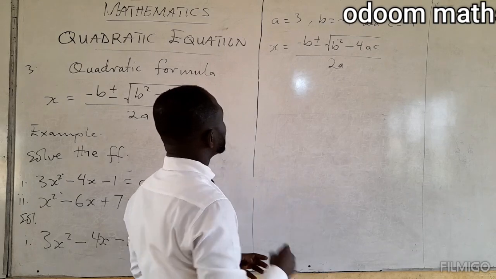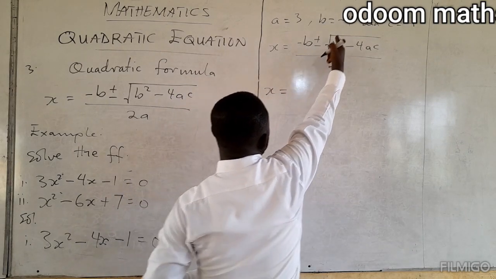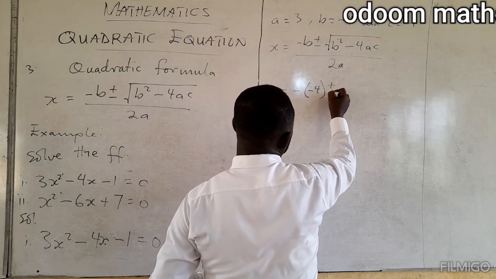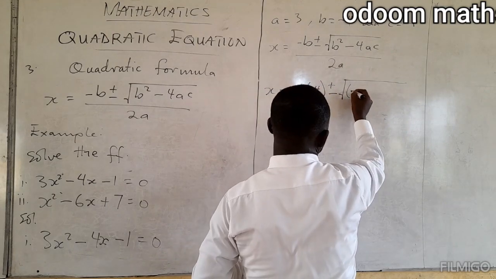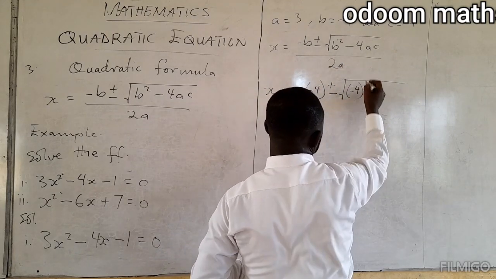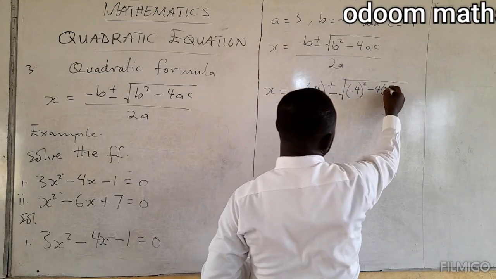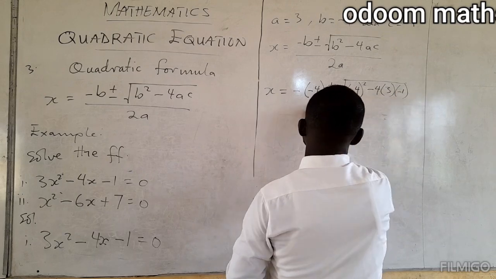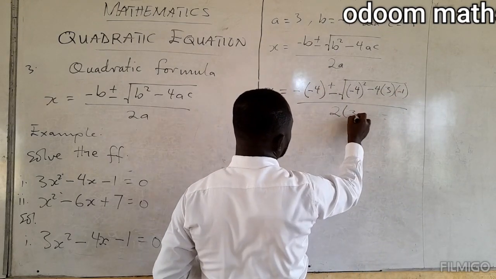So x is going to be, my b is negative 4, so negative into brackets negative 4, plus and minus square root of negative 4 squared minus 4 into a, which is 3, and then c is also negative 1, all over 2 into a, which is 3.